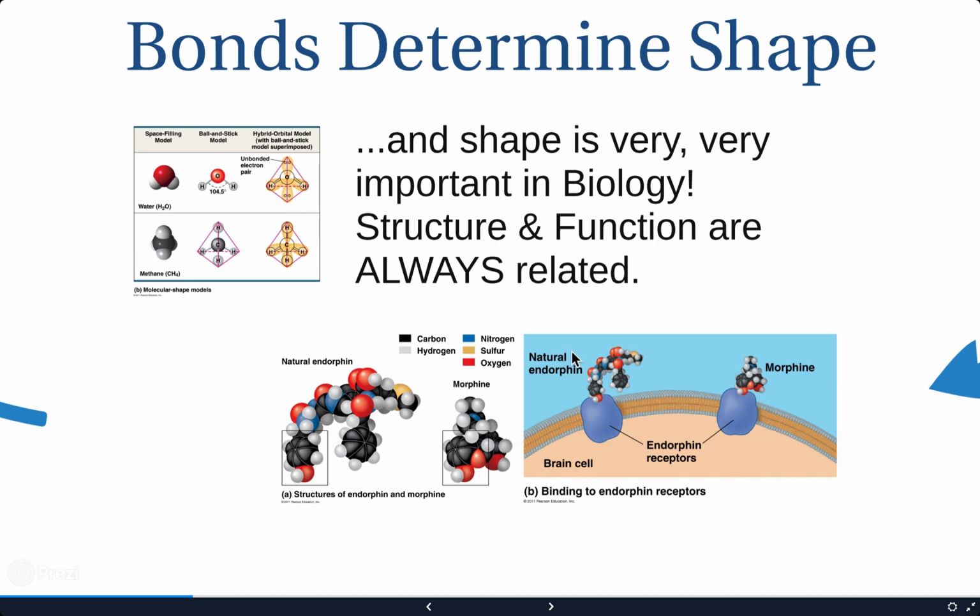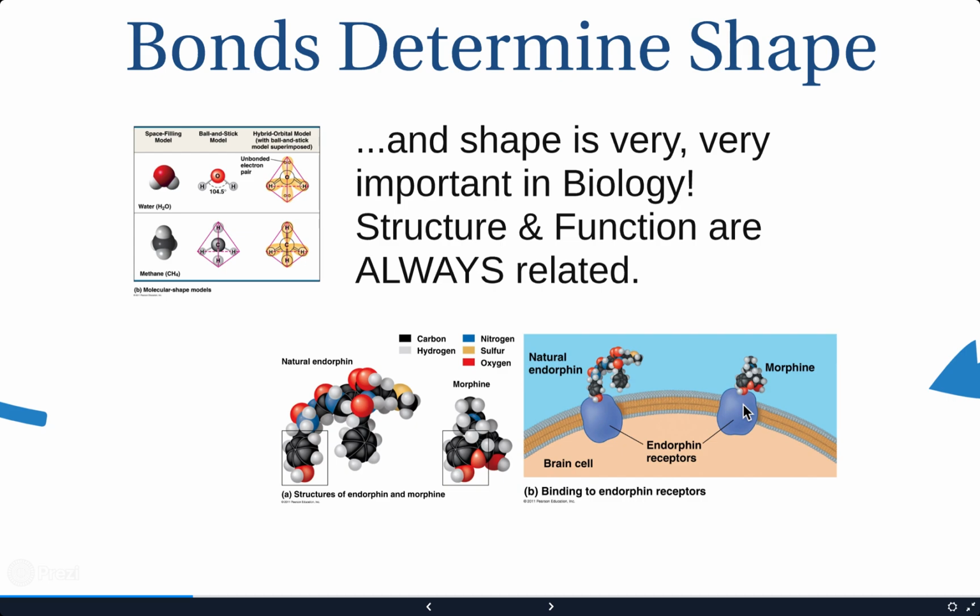So for example, in this picture here, this is a cell membrane with different protein receptors built into it. This is natural endorphin, which is when you feel good and happy, right? So you want endorphin. And this is morphine, which would help with pain. They fit perfectly based on their shape into this keyhole in these protein receptors.